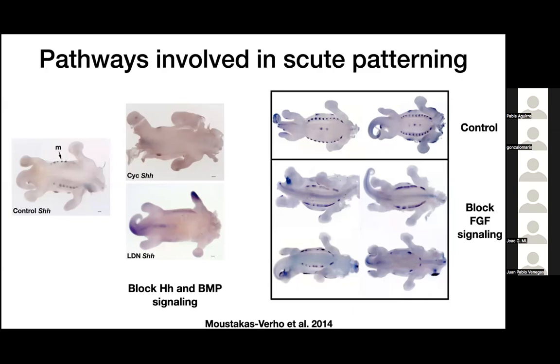On the right, if you block another signaling pathway, fibroblast growth factor, FGF signaling, you get some effects similar to this activin A inhibition. And so you have this irregularity now to the primordia.